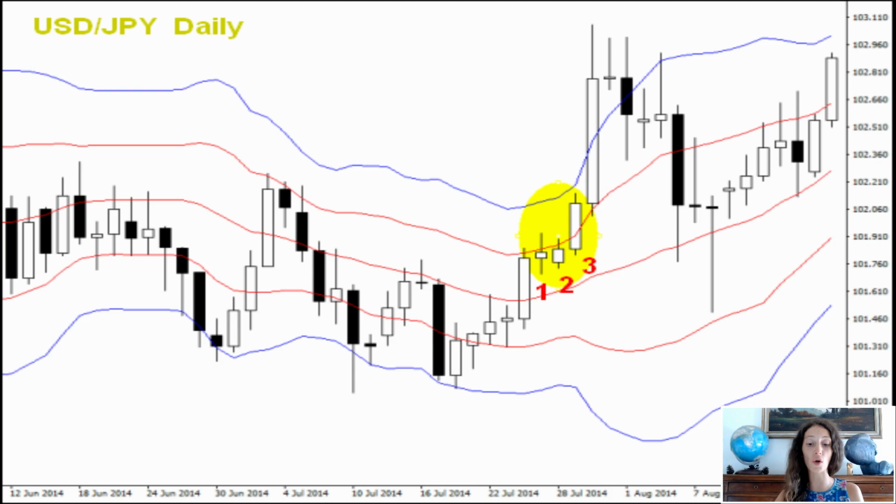This state of consolidation is also reflected in the fact that the upper band curve of the BB indicator has not yet been interrupted.